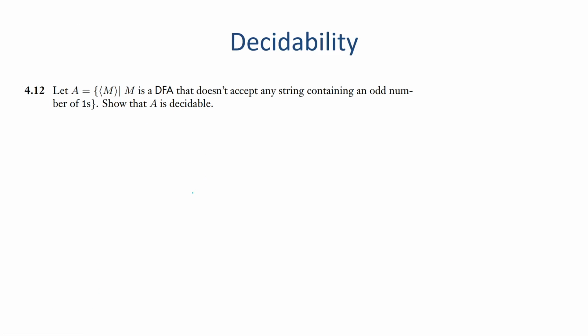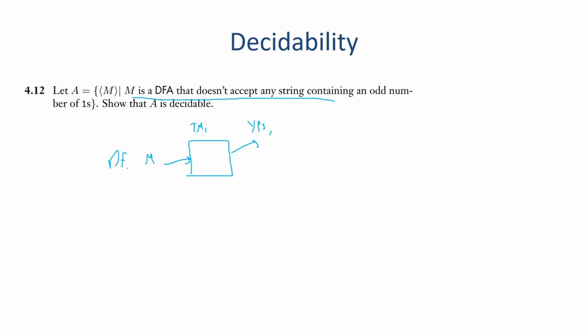Some machine, or some language A, that takes as input M, it'll say yes if M doesn't accept any odd number of ones. So again, you have some machine, we'll call this TM1.